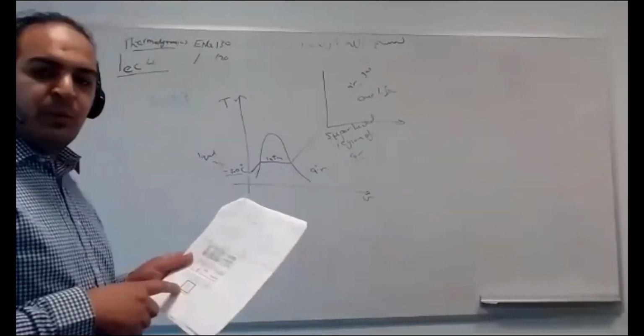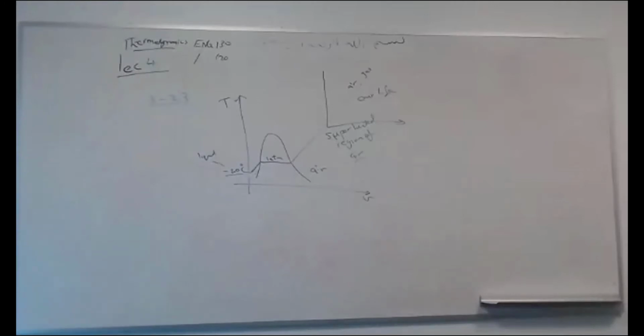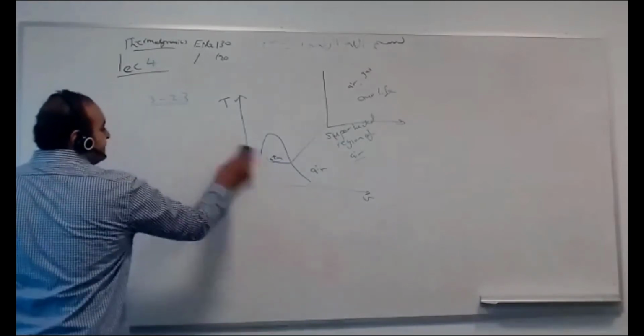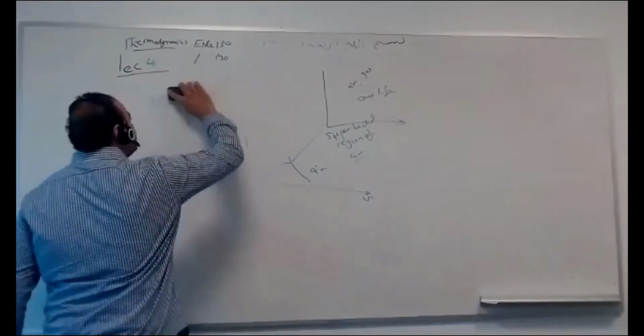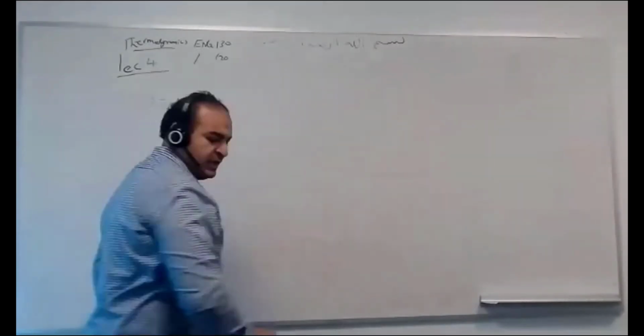So for problem 28, we're going to solve this problem. Let's solve it. 3-28, the same page, the last problem on this page. Let's solve it with numbers. So read it out loud for me, please.